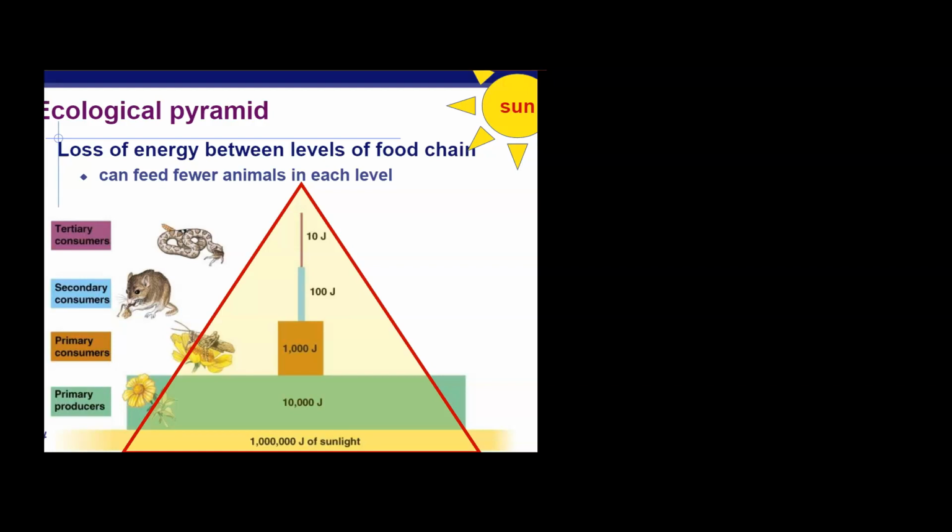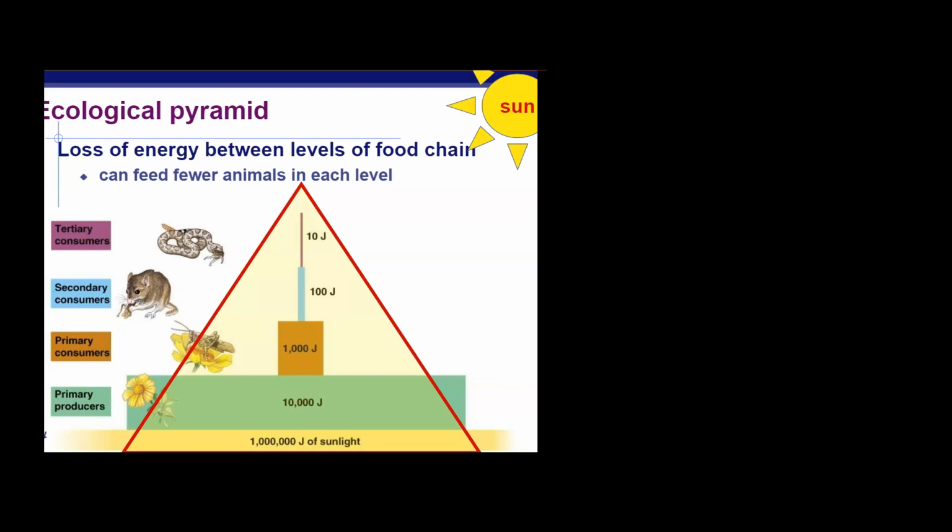And then the plants also are having their life processes occurring. So they're undergoing cellular respiration. So they're using some of that energy that they've converted from sunlight for their own life purposes, their growth and their functioning. So what you see here at that green producer level is 10,000 joules.